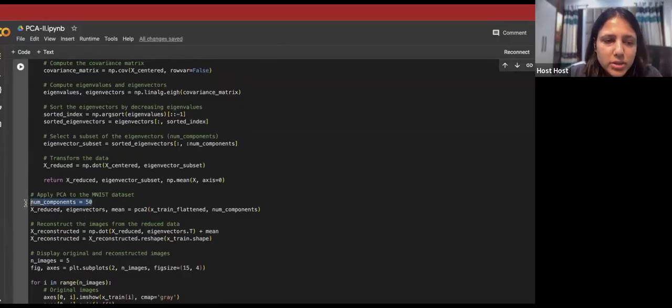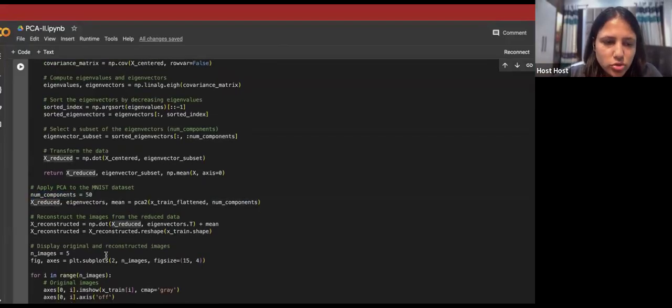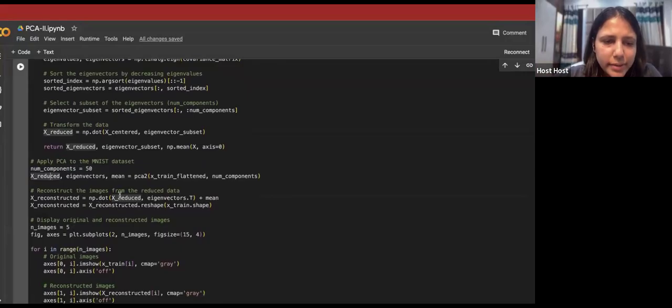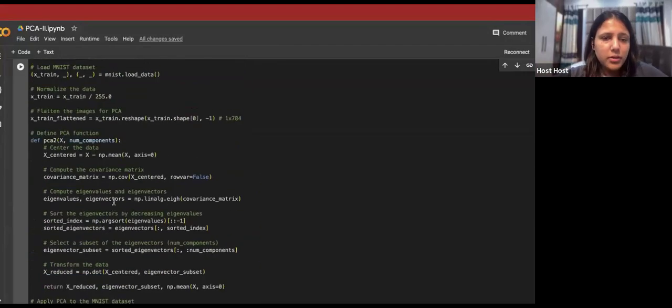Now what I'm doing is I am applying PCA to MNIST, and I am actually using 50 components. Okay. So I'm doing just normal PCA, and then I am adding back the mean.